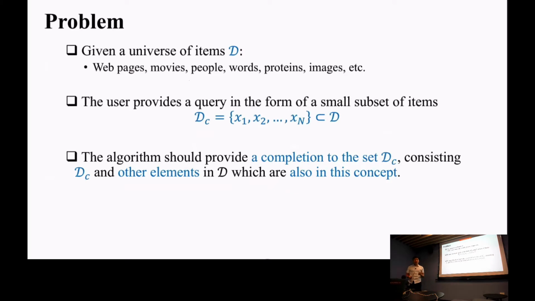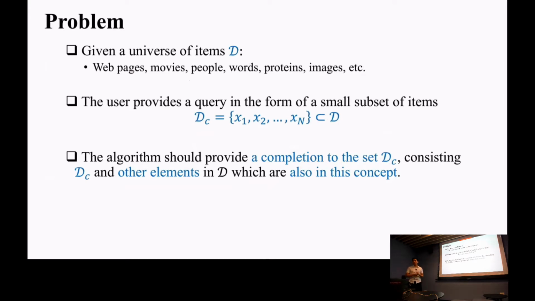So the objective is that we should have an algorithm that can provide a completion to the query set, and that completion should consist of D_C and other elements which are also sharing the same concept.